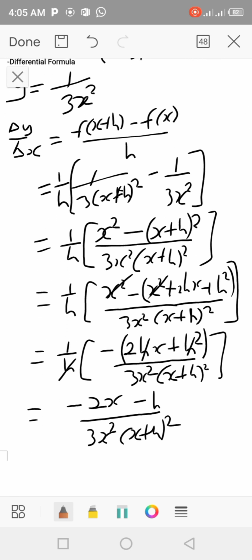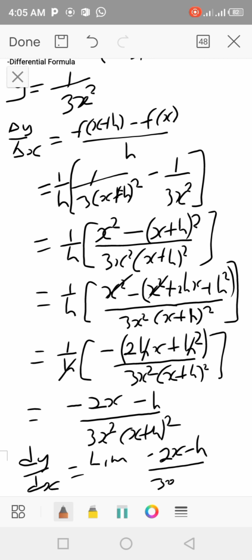So everything we've been finding since morning is changing y over changing x. Now the dy over dx will now be equal to the limit of minus 2x minus h over 3x squared x plus h squared as h tends to 0.